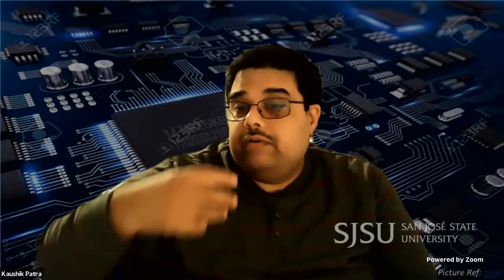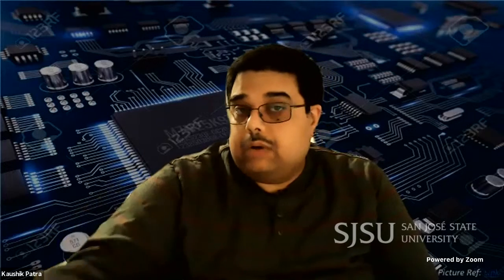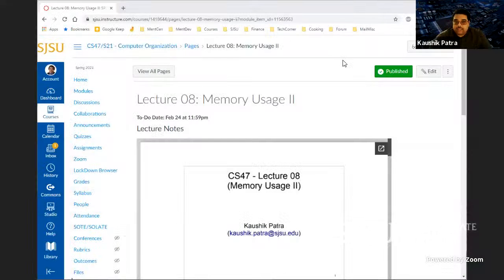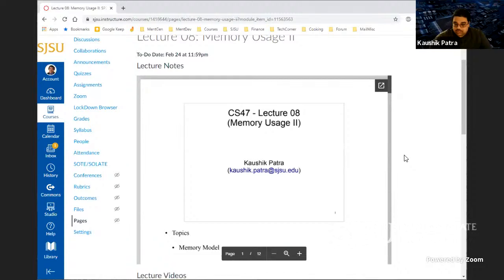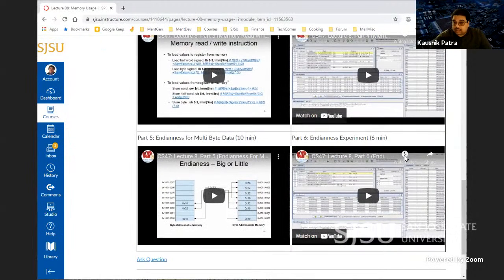Now we learn how we store and retrieve values from the memory, and what the data layout conventions there are. That's what the next lecture topic is, memory usage 2, and it has 6 parts of different explanations.